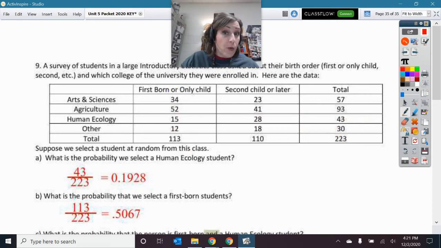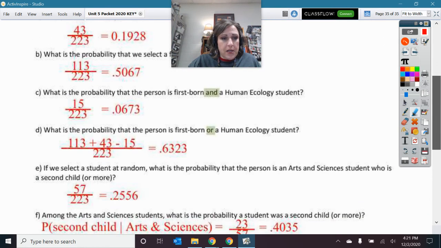Other way I could do this would be to add up all of these. And so I got my 113 plus these additional 28 right here. Because I know that 15 is already counted. So you could do that. A few ways to do those.